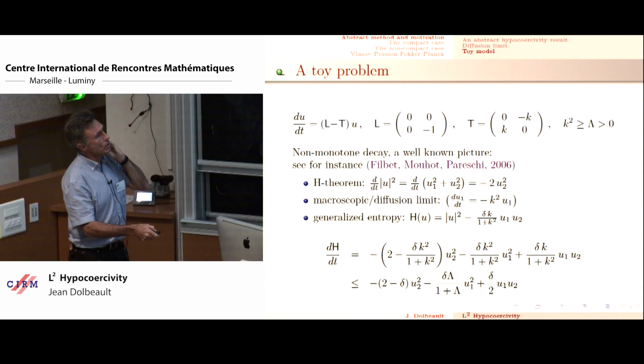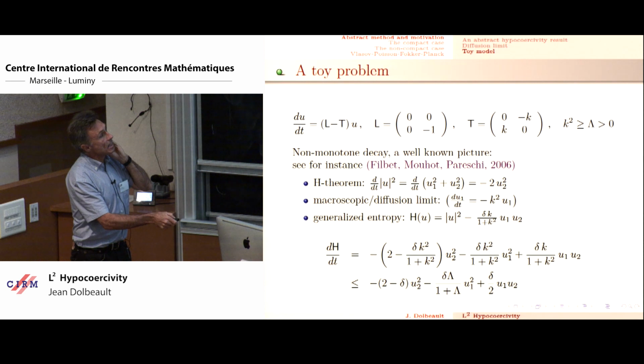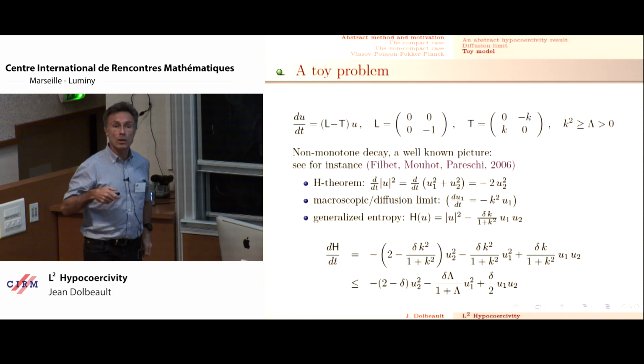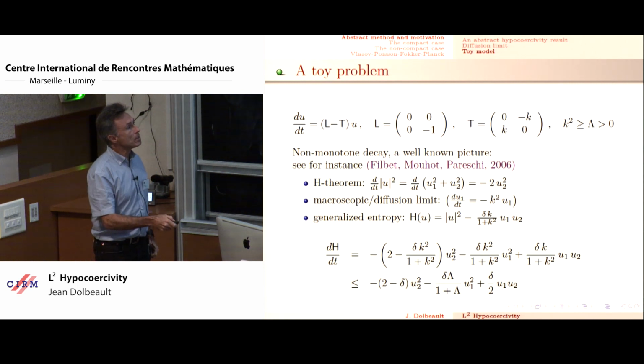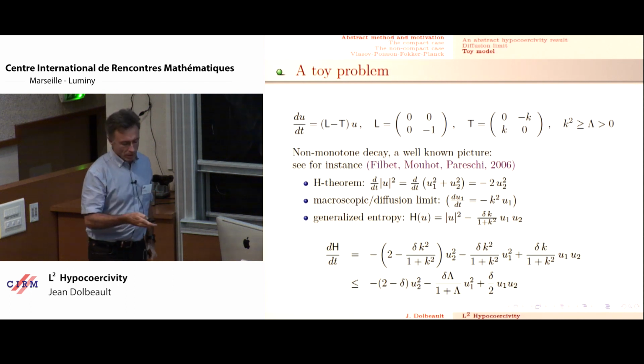You get a bunch of terms. You get a cross term that you can control by this term, which is essentially the coercivity result that you have here, and this additional term which comes from the cross term and which gives you a good control on the macro part, which is here. Okay? So you combine them and then you get the rate.